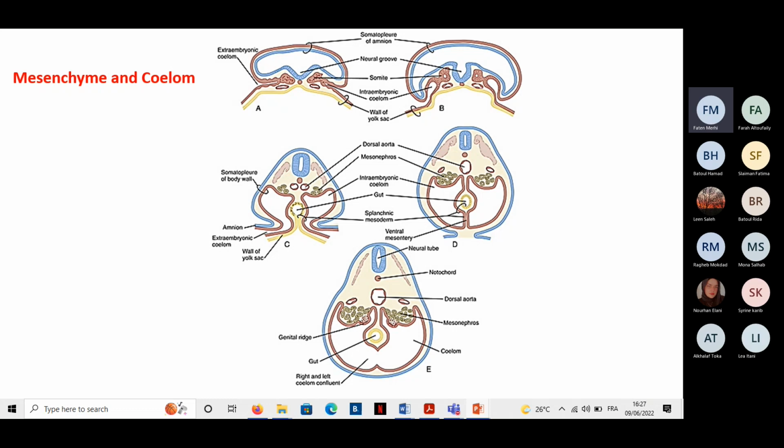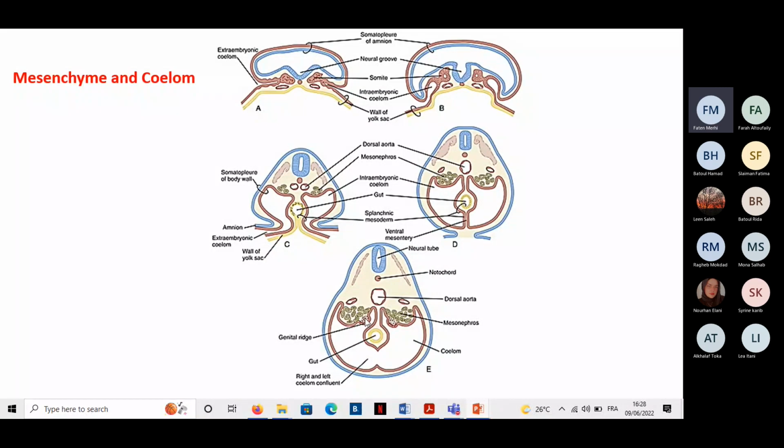So at a certain moment this mesenchyma, this part of the intermediate mesoderm, will make an outgrowth and form what we call a ridge. This outgrowth from the inside, this pink color inside, is the mesenchyme. It is a tissue called the mesenchyme.